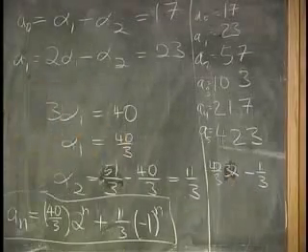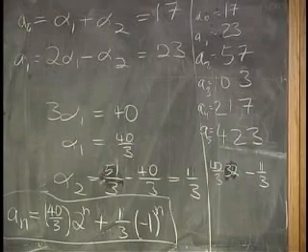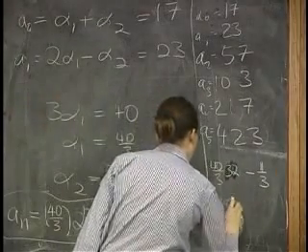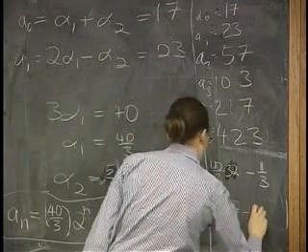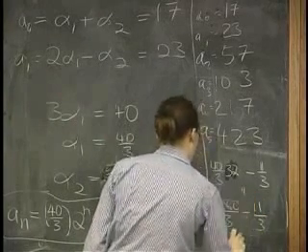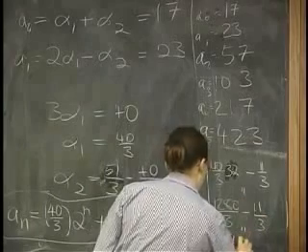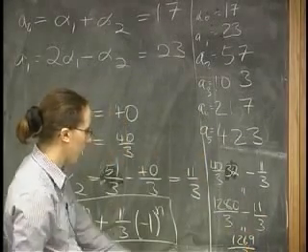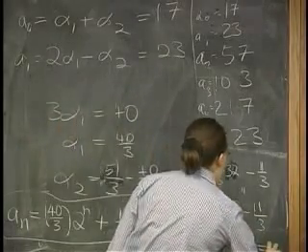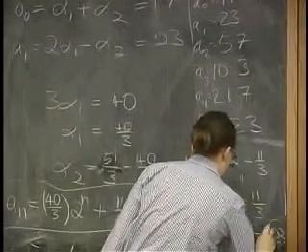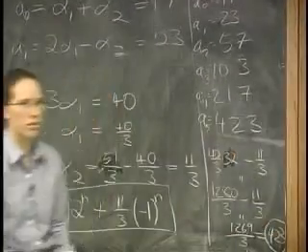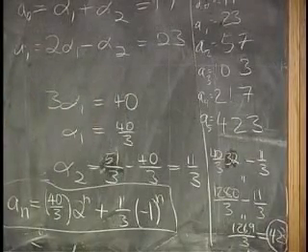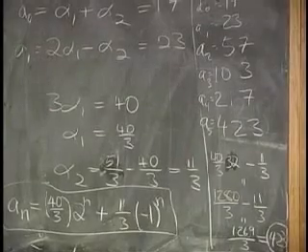So it's 1280 over 3 minus 11 over 3, 1269 over 3. Lo and behold, it's 423. You knew you were right at A4 because it ended in 17.